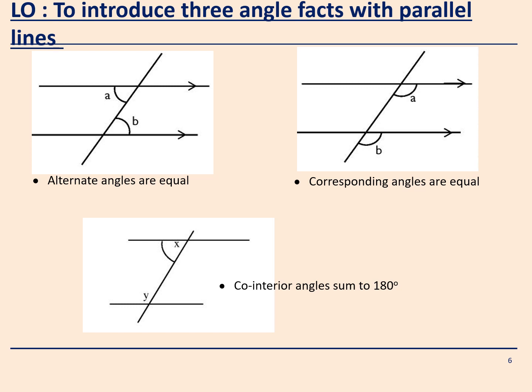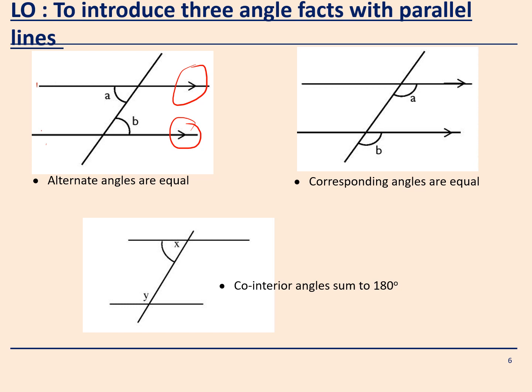Right, let's look at parallel lines. These arrows tell me that this line is parallel to this line. No matter how long you draw these two lines, they won't ever meet.